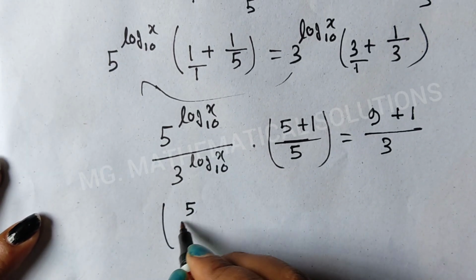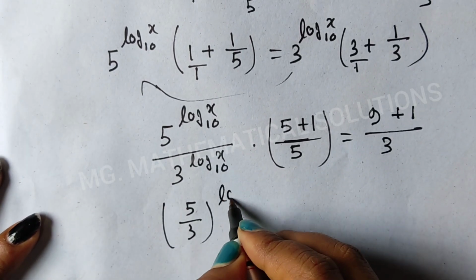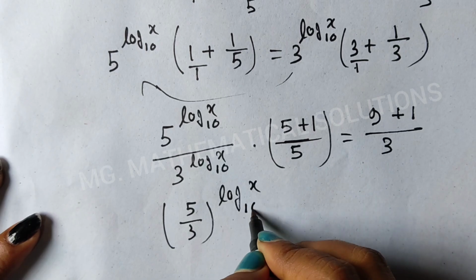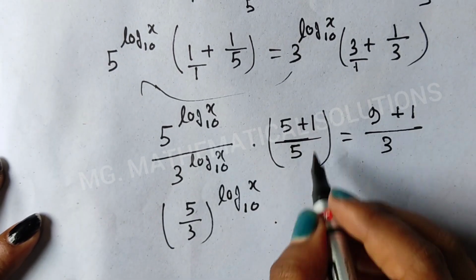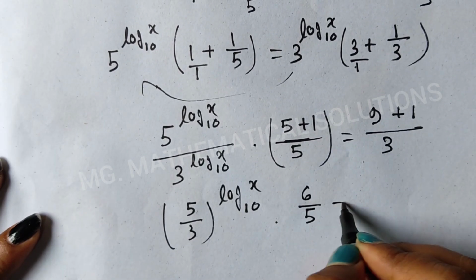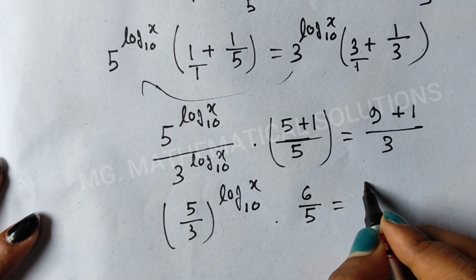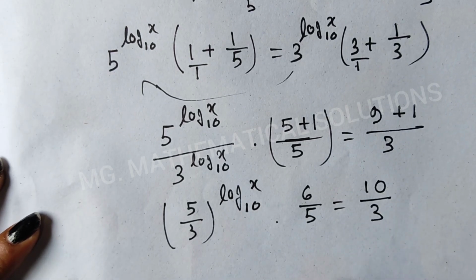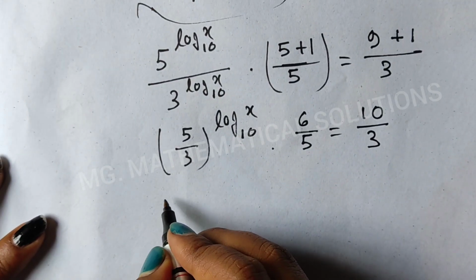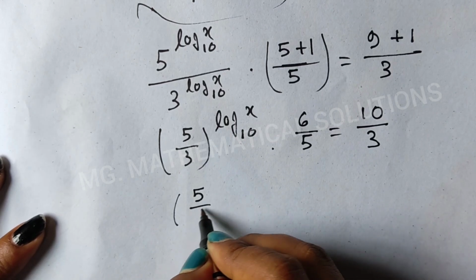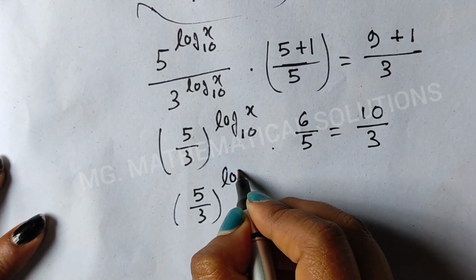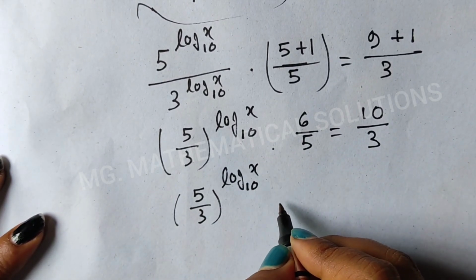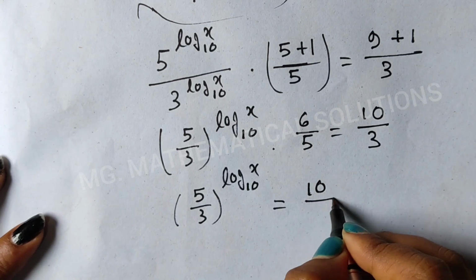So 5 by 3 whole to the power log x base 10 times 6 by 5 equals 10 by 3. So 5 by 3 whole to the power log x base 10 equals 10 by 3.